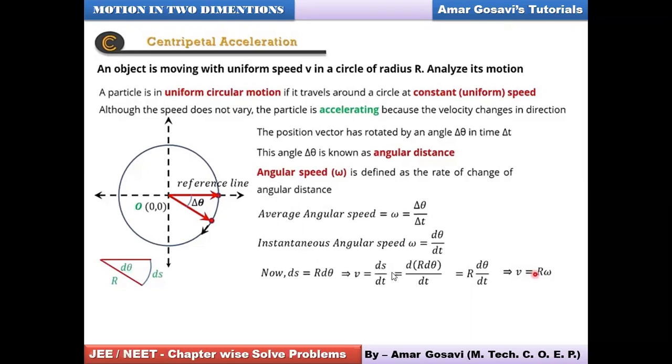This derivation just gives you the relationship between linear velocity v and angular velocity omega with respect to the radius vector. We have not yet derived the equation for centripetal acceleration. Next slide, we have to do that.